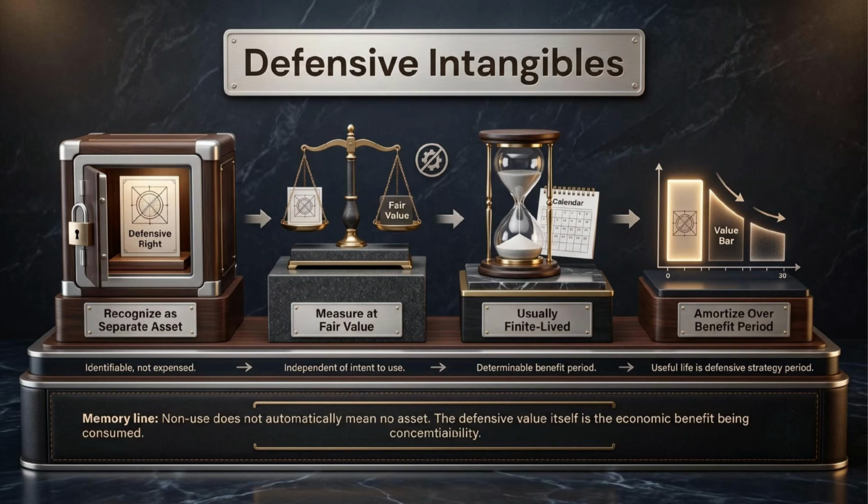If the right is separable and has value, it is recognized as an identifiable intangible asset and measured at fair value. In practice, many defensive intangibles are finite lived because the defensive benefit usually lasts for a determinable period. The asset is then amortized over the period in which that defensive benefit is consumed.